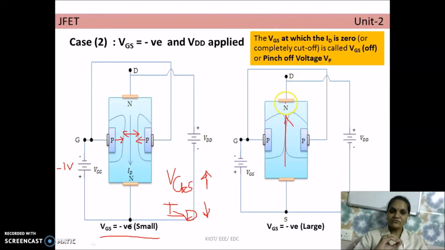As a result, the drain current becomes 0. The value of VGS for which the drain current becomes 0 is called VGS off, or otherwise pinch off voltage. For the value at which the drain current becomes 0, we call that VGS off or VGS cut off. Right, so this is the operation of JFET.